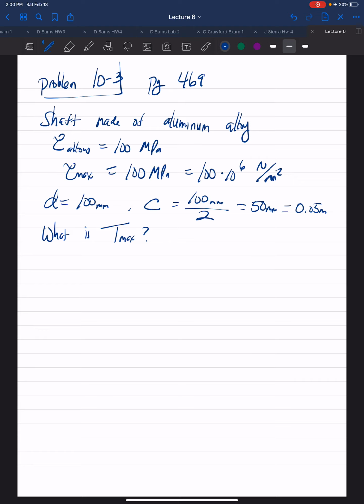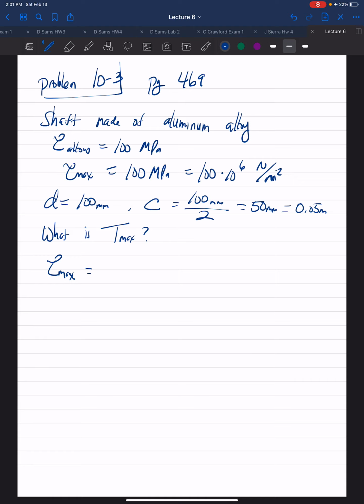So here we're going to apply our torsion formula, which we already said was the formula we defined. This is on page 457 in your text.